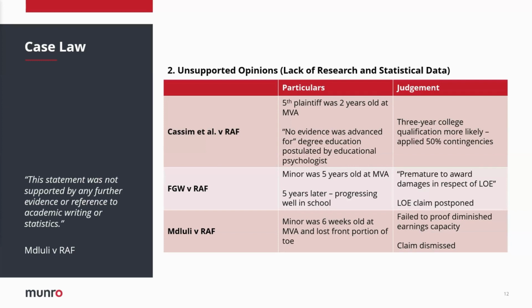And this was Lully, which was in a number of newspapers, and that's why people are familiar with it. It was actually quite humorous in a way. A minor of 6 years old at the date of accident simply lost the front portion of their toe, and a massive claim was lodged. If I can remember correctly, it was a 5 million rand claim for loss of earnings.